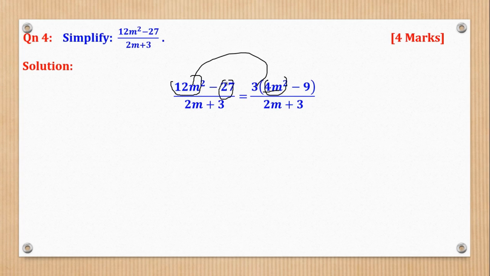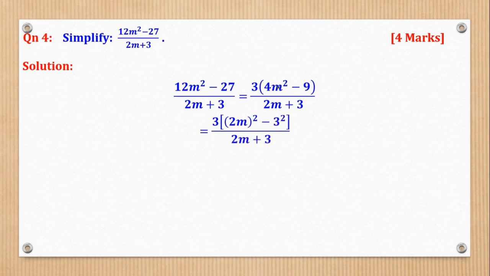Then 27 divided by 3 to come up with 9. The minus is maintained. Then we realize that this 4 is the same as 2 squared. So 4m squared becomes 2m in brackets squared. And 9 is 3 squared.